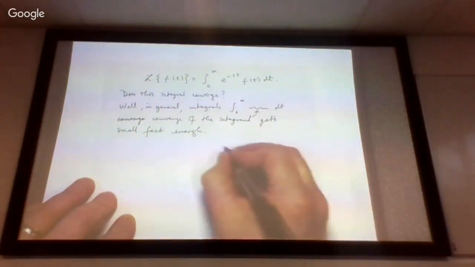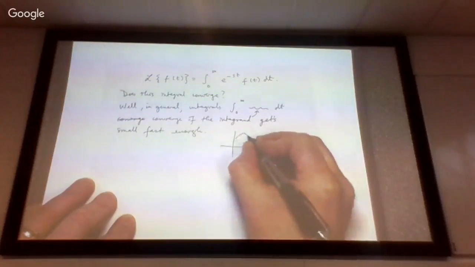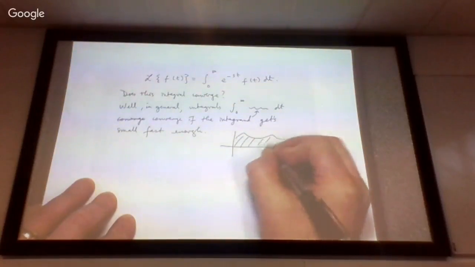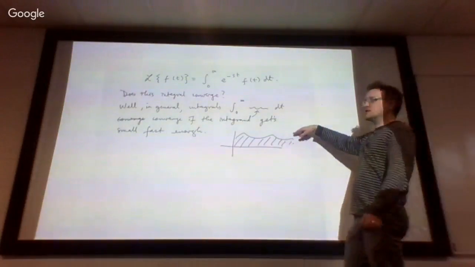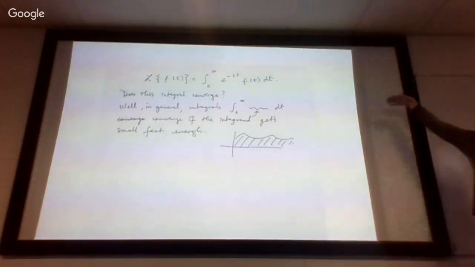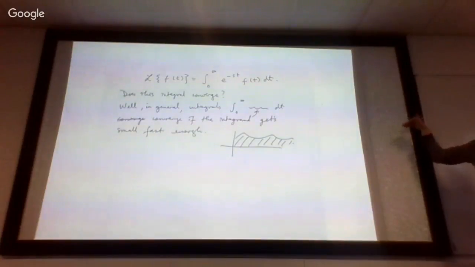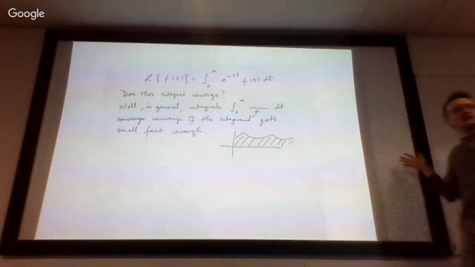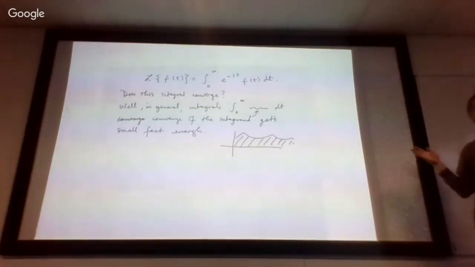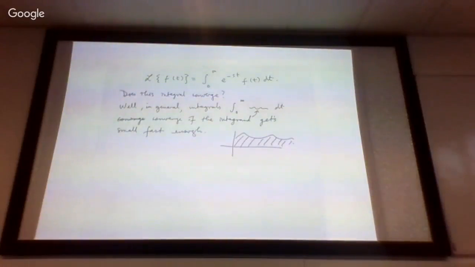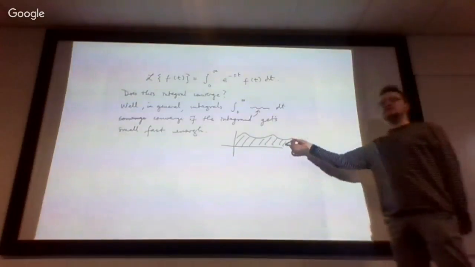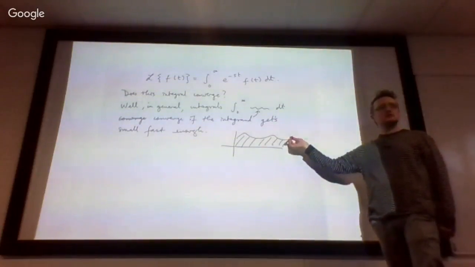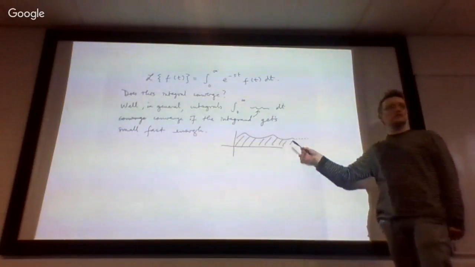For a positive function, the integral is the area underneath the graph. Now, if your function is hanging around at large values, you're clearly going to have an infinite area underneath the function. So if this kind of large behavior continues, we wouldn't expect the integral of that function to converge, because there's going to be an infinite area underneath it.